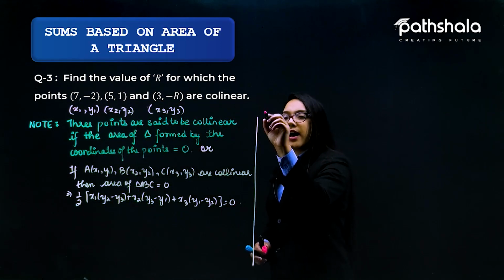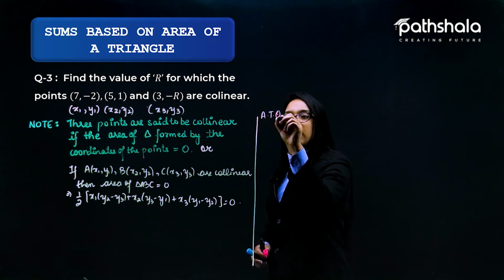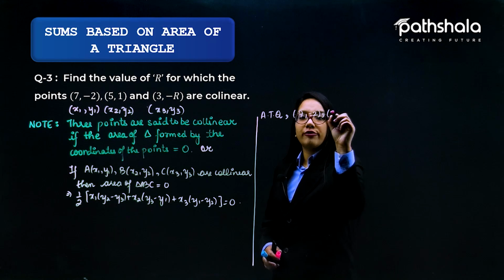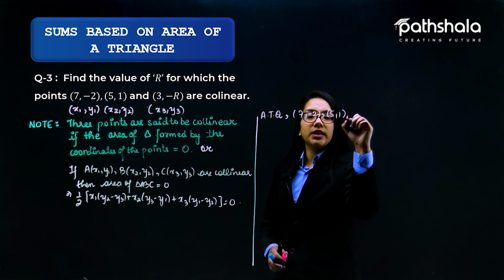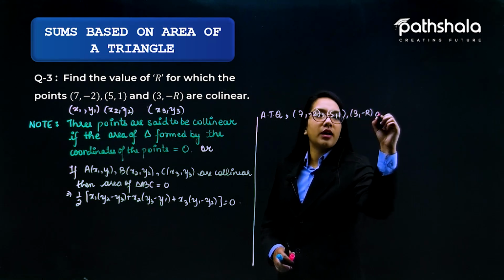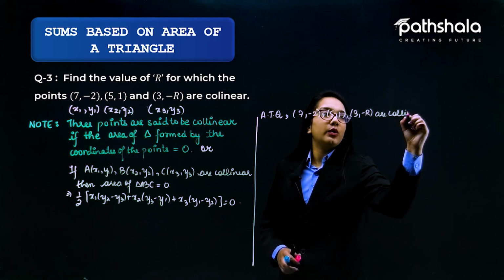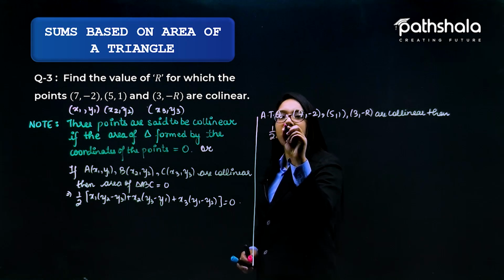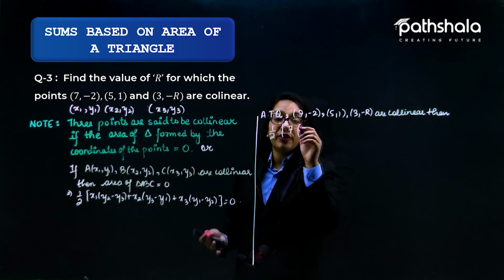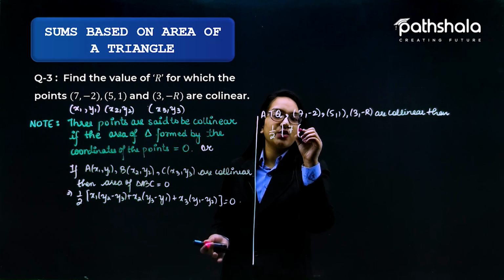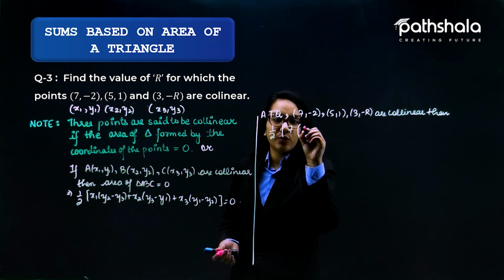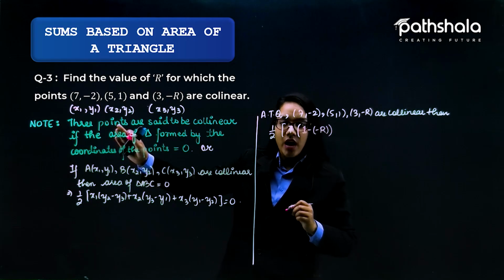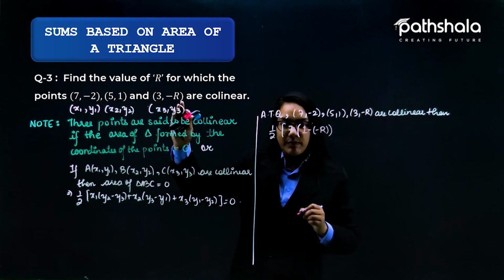As per the question, 7 comma minus 2, 5 comma 1, 3 comma minus r are collinear, then half of x1, which is 7. So further we have y2 minus y3. The value of y2 is 1 and y3 is minus r. As you can see, we have y2 as 1 and y3 as minus r.